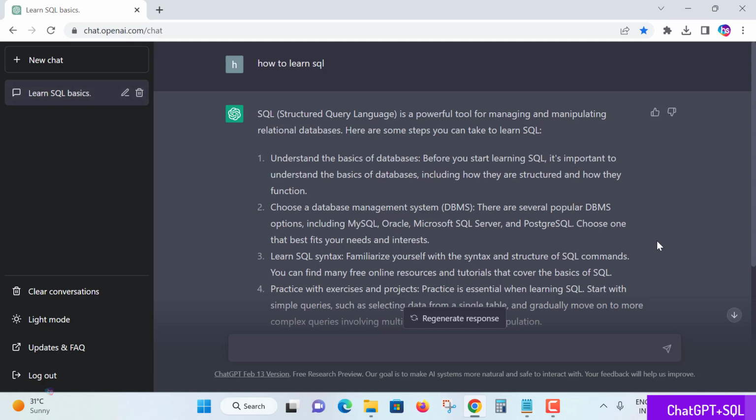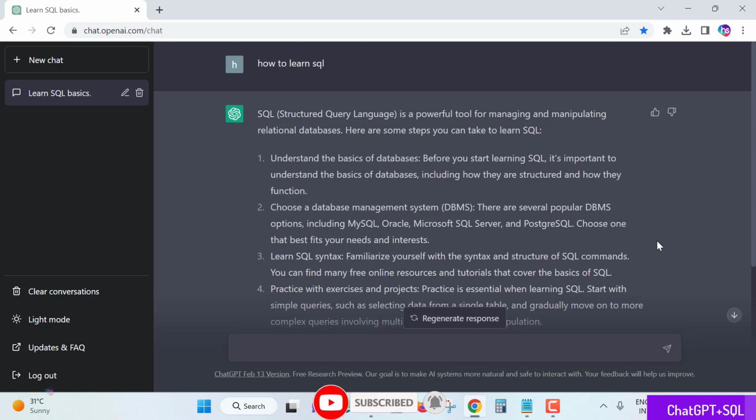If you are already familiar with database management systems, that's really great. If you are not, we will see now where we need to focus, what to learn and how to improve our skills. SQL is a powerful tool for managing and manipulating relational databases.